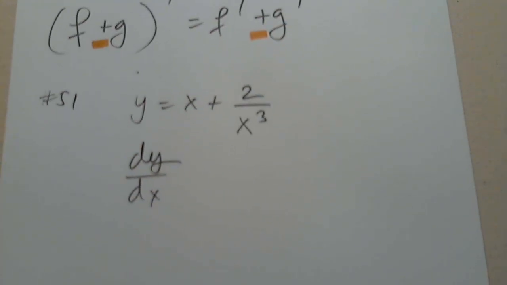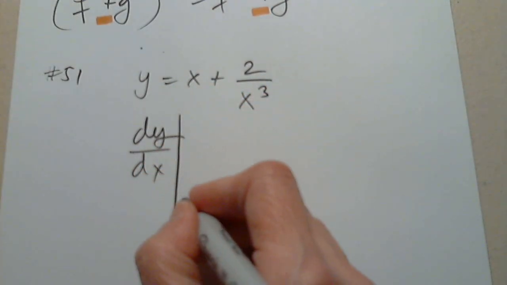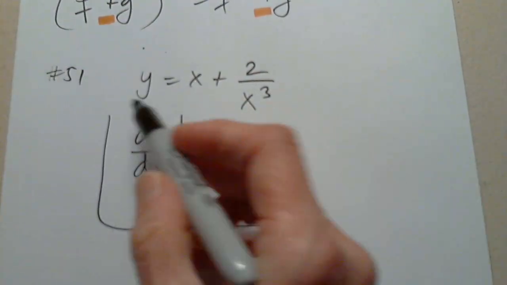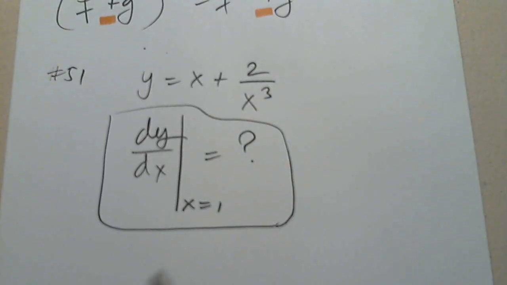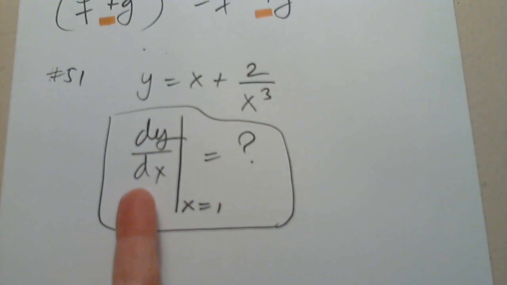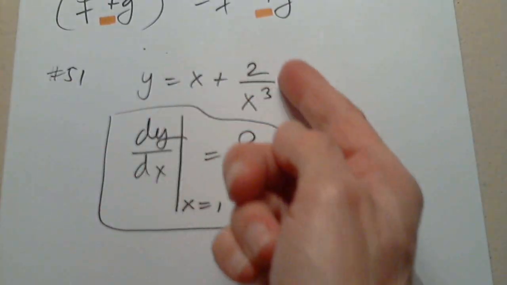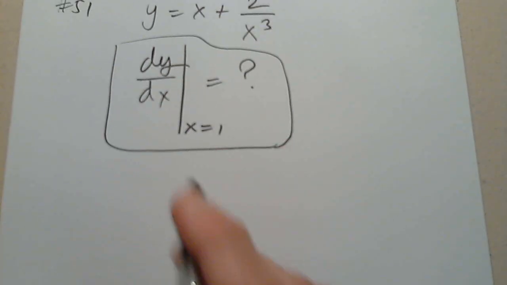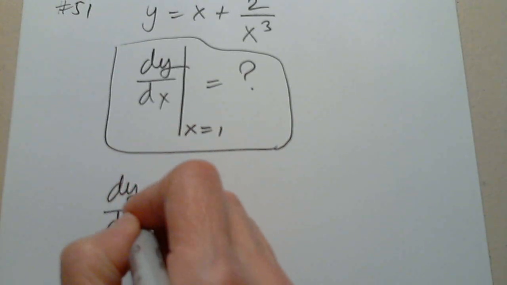Here's how we write it. This is the correct notation. So first, I cannot determine this before I find dy over dx. I have to find the derivative function of y, and then plug in 1. So let's find dy over dx.